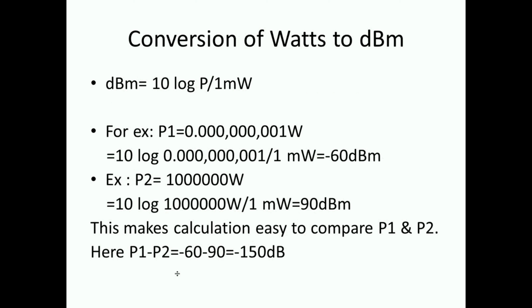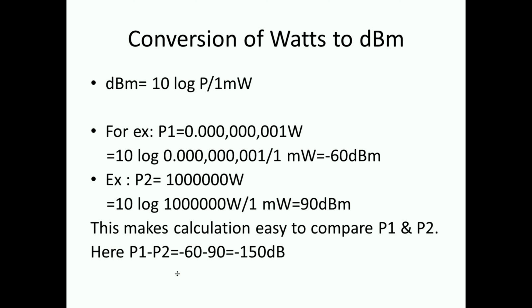So now we will see how to convert from watts to dBm. dBm equals 10 log P by 1 milliwatt. Here 1 milliwatt is the reference and P is the power which we want to convert to dBm.